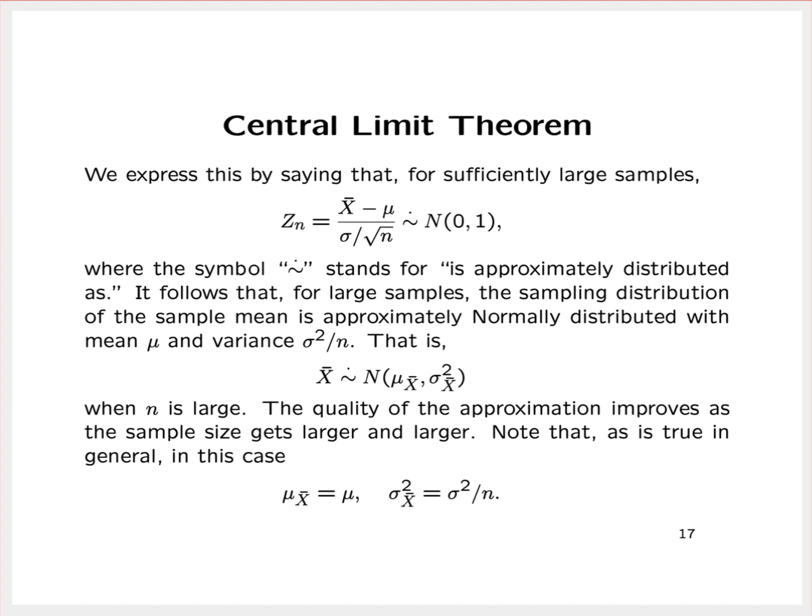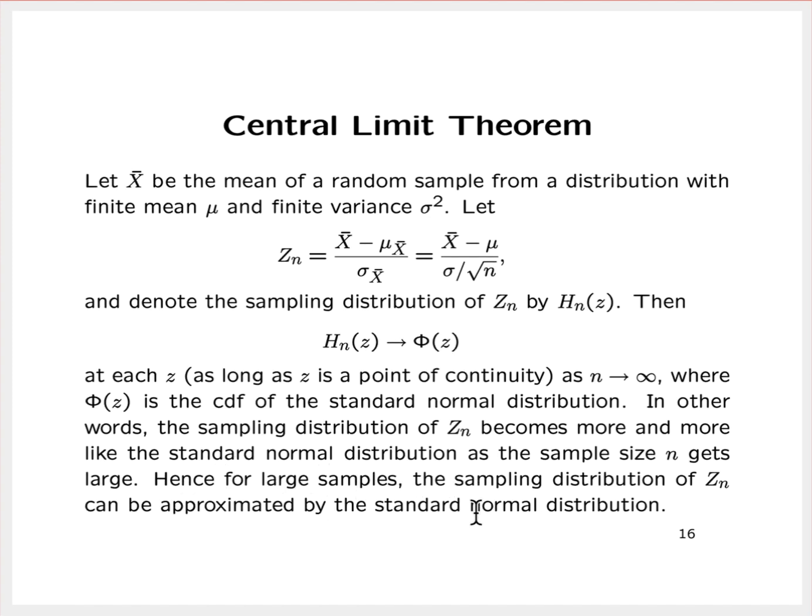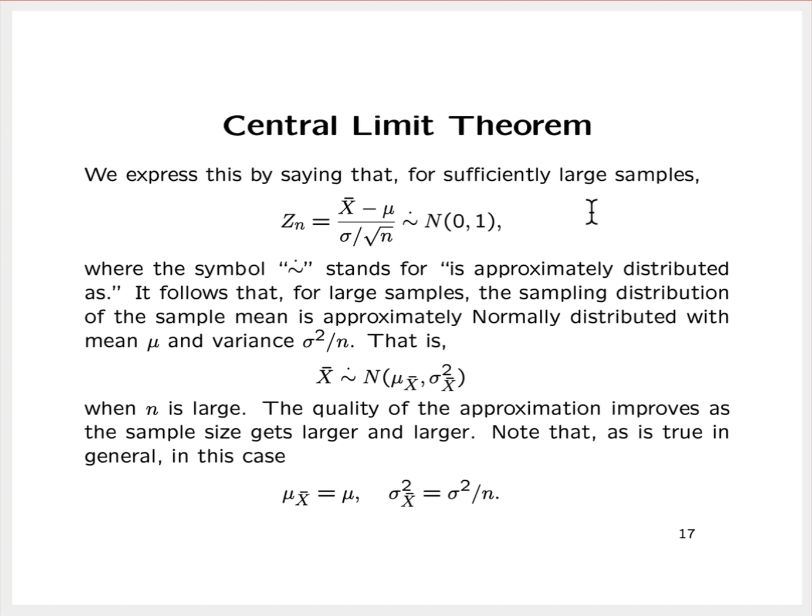Again, for large samples, the sampling distribution of this standardized version of x bar, Z sub n, can be approximated by the standard normal distribution. We express this by saying that for sufficiently large samples, Z sub n is approximately standard normal.